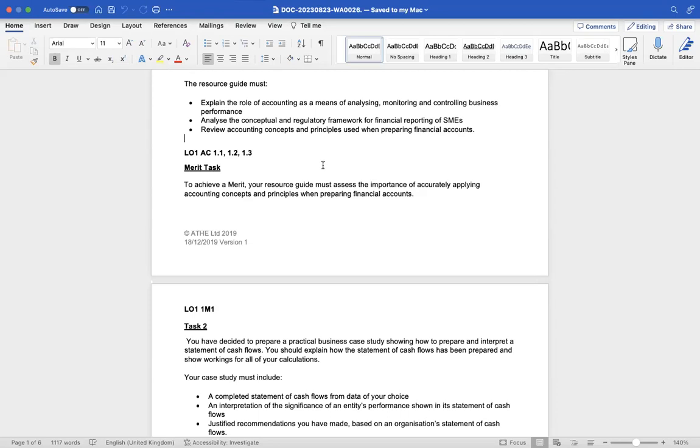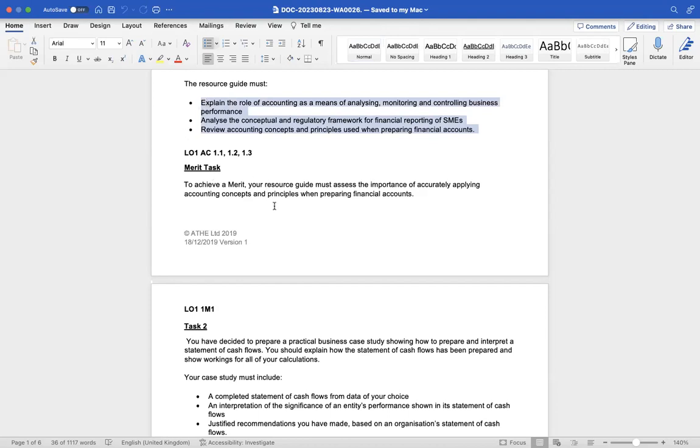Creating this resource guide will not only help you meet the requirement of the assignment, but also enhance your understanding of the regulatory framework for financial reporting. Remember to use a straightforward approach, engage your audience, and provide practical examples to make the guide valuable and effective.